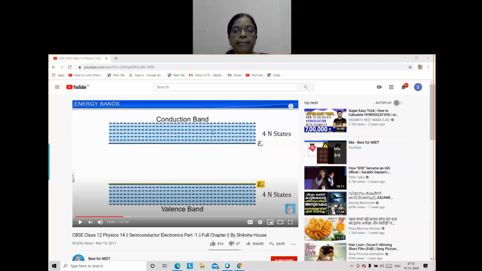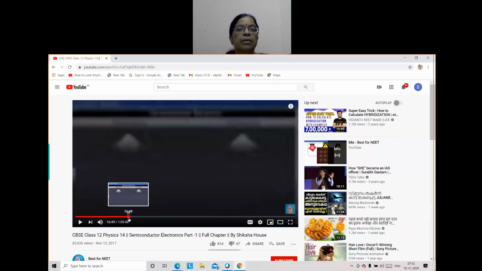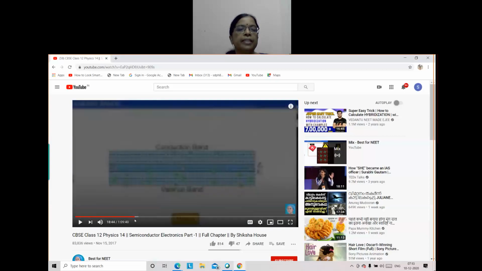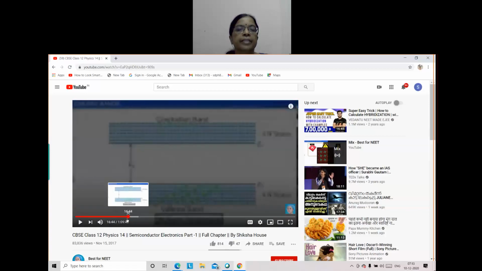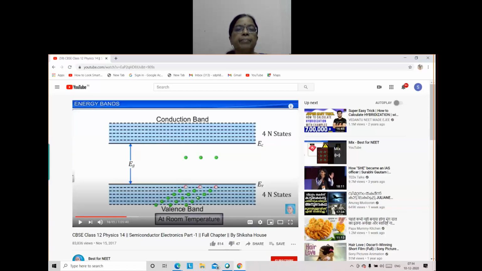But you know, when the temperature increases from 0 Kelvin to even the room temperature, what happens? Electrons from the valence band will jump, you can see here, to the conduction band, across the band gap, and hence become free electrons.